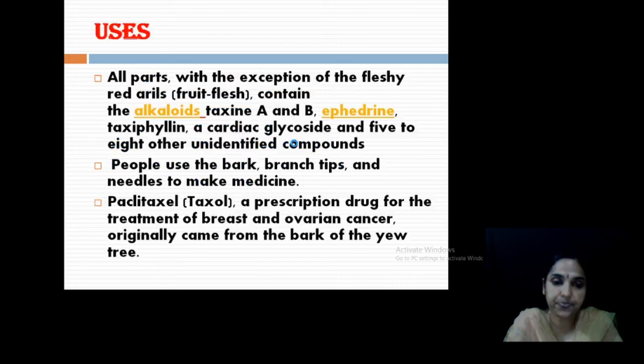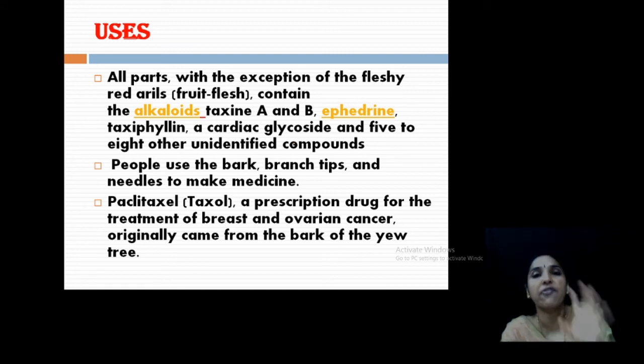Then let us move on to the economic uses. All parts of Taxus except the fleshy aril, which is the fleshy red portion that is poisonous, are economically important because they contain alkaloids, mainly taxine A and B, ephedrine, and taxiphyllene, etc. People use the bark and branch tips as medicine.